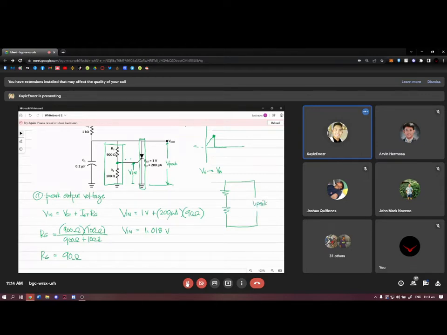So ito yung 900, yung 100 ohms. And alam naman natin na ito yung VIN natin. So, drawing ko kung ito yung SCR. Yung SCR na to is technically open circuit pa yan. So, ibig sabihin parang wala yan.